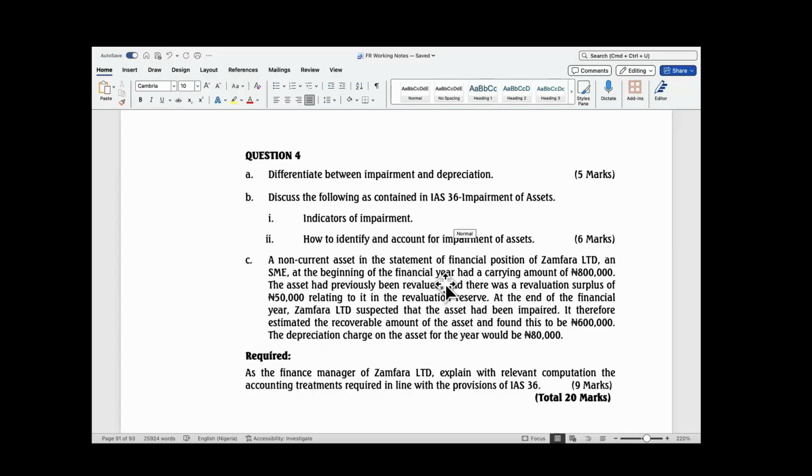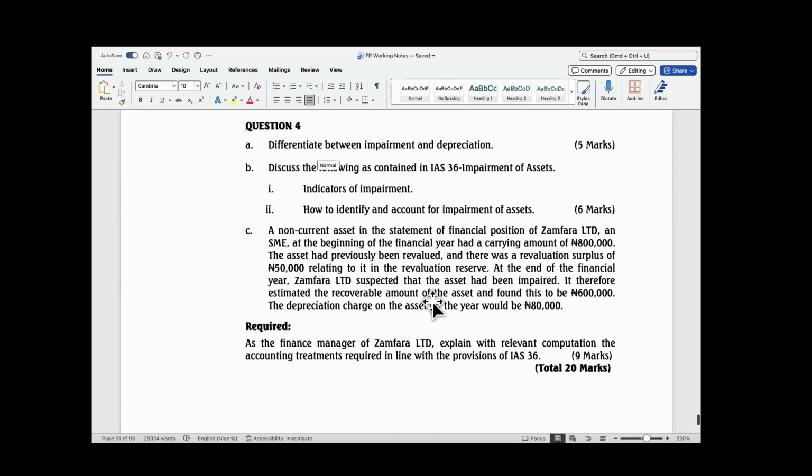That's what we mean by impairment, which also demonstrates that the asset has actually lost some economic power in terms of generating money or how much you can sell it. But depreciation is just a systematic allocation of the costs or depreciable amount of an asset over its estimated useful life. That's the difference.